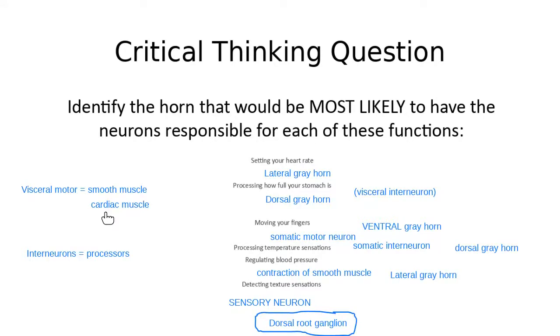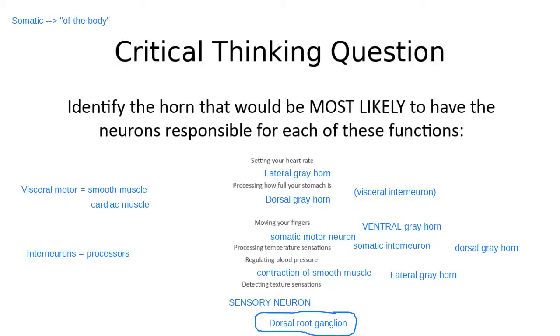Looking at Jacqueline's question here. So you're talking about motor neurons, Jacqueline, somatic and visceral only? So here, to address Nicole's question, Nicole asked about the word somatic. Technically what somatic means is of the body.